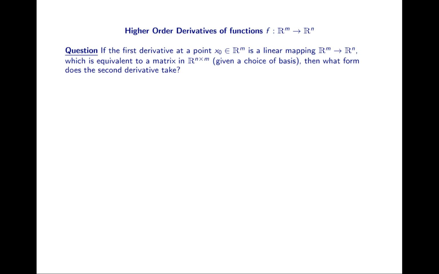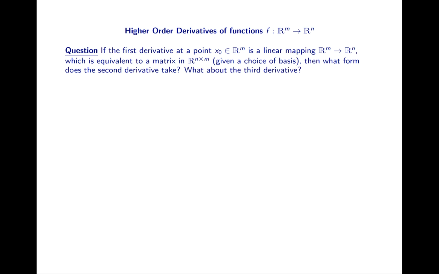So, question: if the first derivative at a point x naught in Rm, and now we're thinking of functions that map vectors in Rm to vectors in Rn, is a linear mapping from Rm to Rn, which we know from our discussions is equivalent to a matrix in Rn by m, given a basis, then what form does the second derivative take?